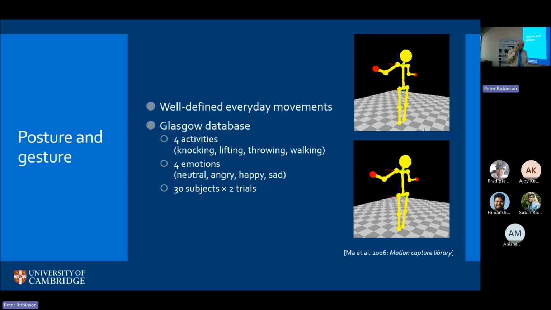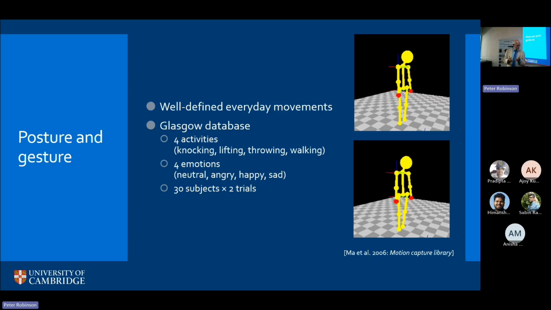And some colleagues in the University of Glasgow had collected a database of videos using a motion capture system of people doing 4 different everyday movements. So knocking on a door, which is what you see here, lifting something, throwing something, and walking.